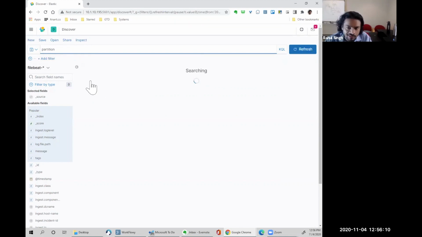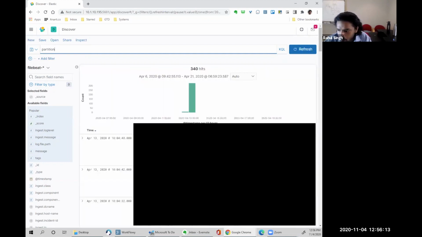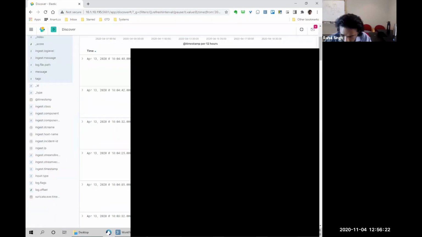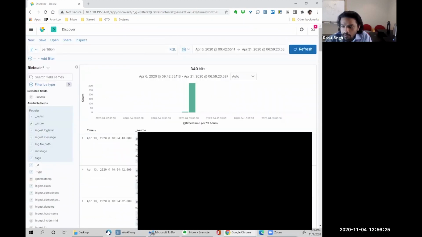Actually, partition is a very common thing that you'll see, but here's a warning, right? Aggregation used without partition key. And all of a sudden, we know what happened. What we know is somebody did a scan and basically did an aggregation query and did not use a partition key, which means that the system had to go to all of the servers and use as much resources as possible.